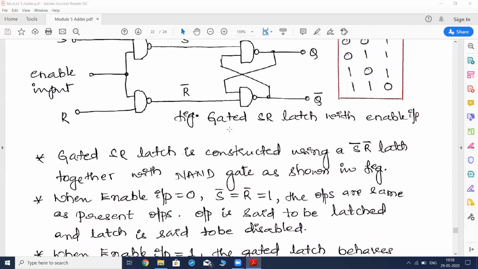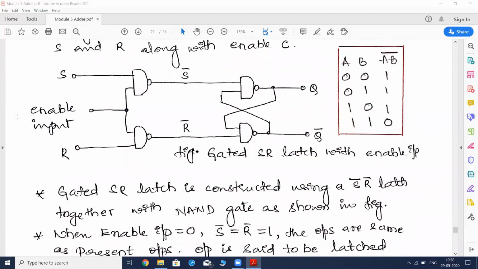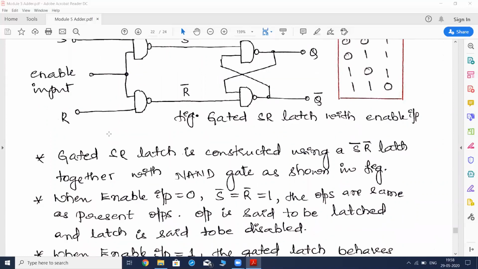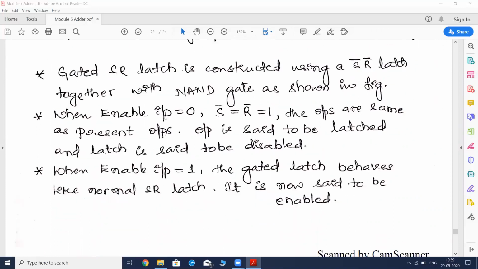One more thing we need to see is when the enable input is 0. Here, this is the enable input. When the enable input is 0 and S bar R bar are equal to 1, the outputs are the same as the present outputs. These outputs are said to be latched and the latch is said to be disabled.